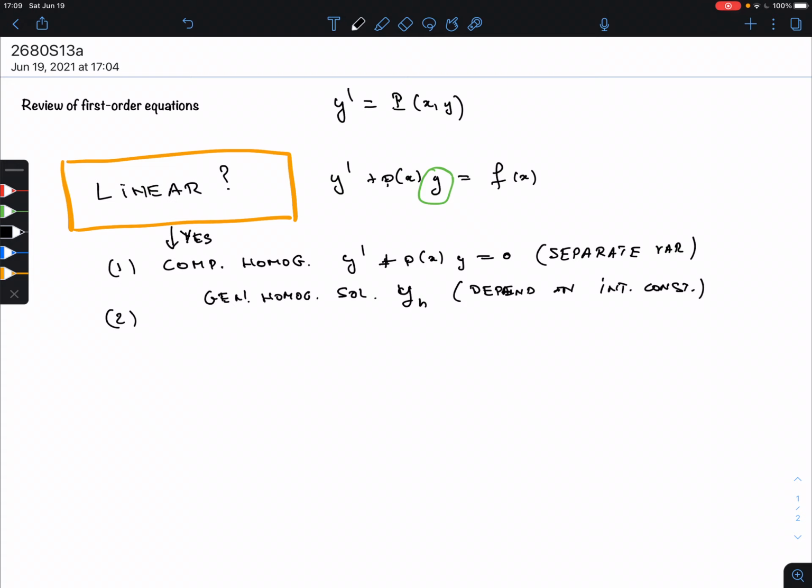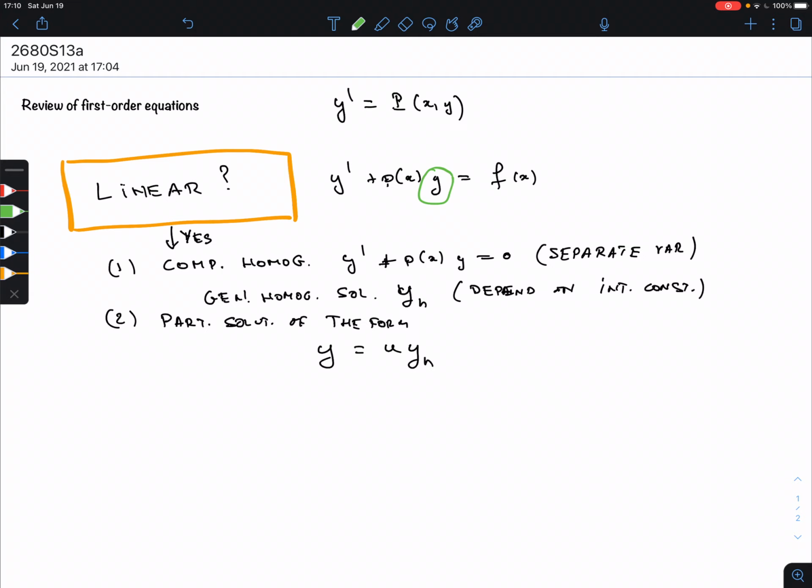Then the next step is to find a particular solution of the form y equals u y_h. This y_h is one of those that you have found there, but you can choose the constant however you want. Let me not do the little details here, but just give the big flavor of it. So in the yes case of linear, we are okay.